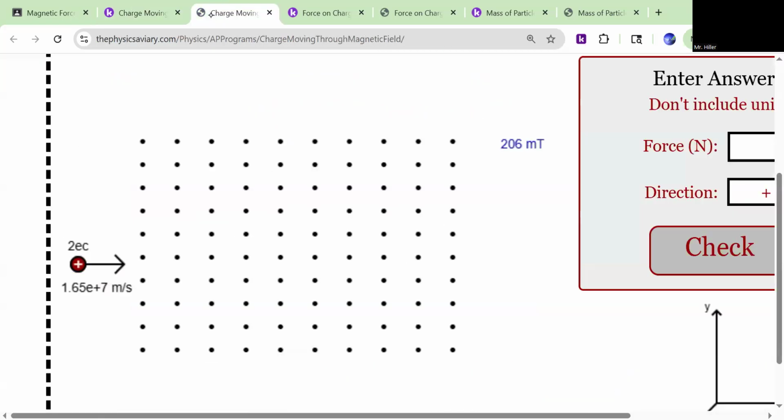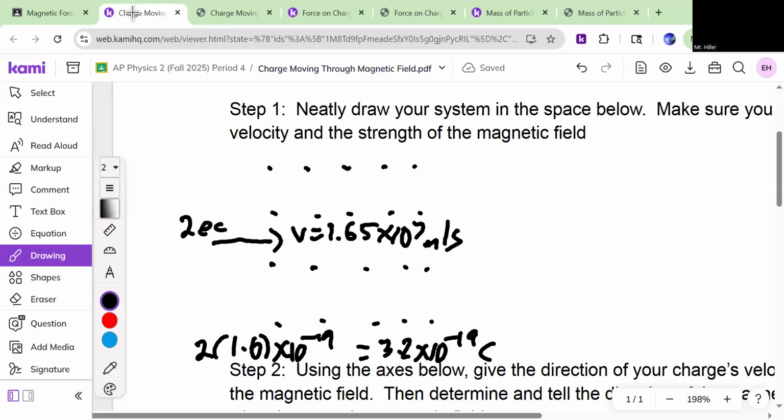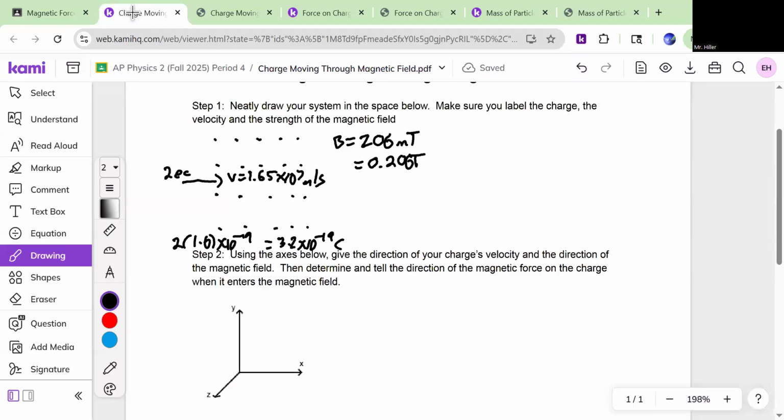Let me just double check. Yes. And the magnetic field strength is 206 millitesla, which is 0.206 Tesla. So that's all my information.